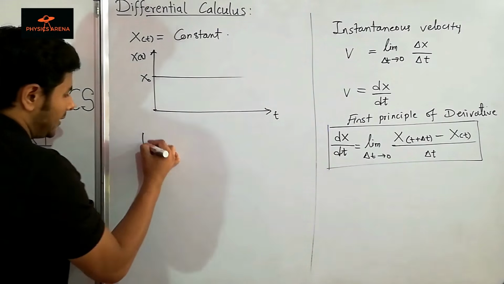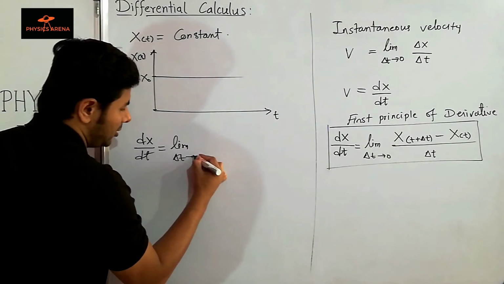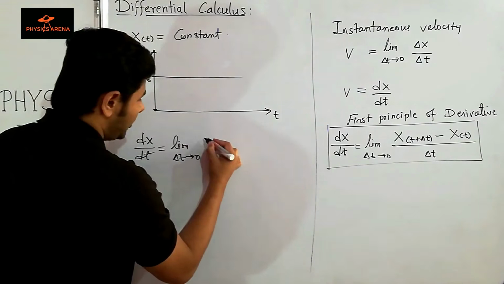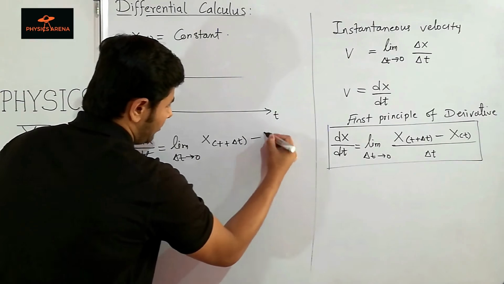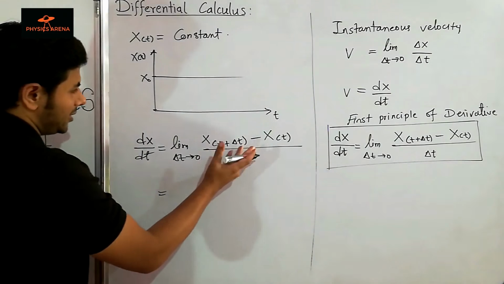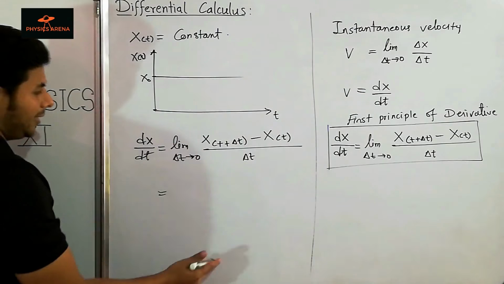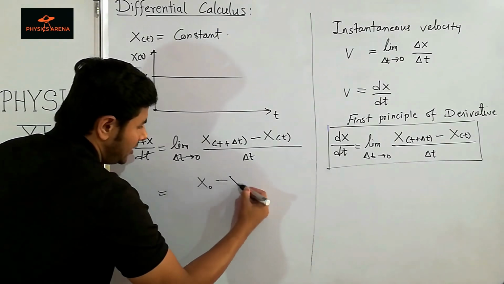So if we find dx over dt, it is limit delta t tends to 0. Let's write the definition: x at t plus delta t minus x at t divided by delta t. So it's very clear that it should be 0, because x at t plus delta t is x naught and x at t is x naught.